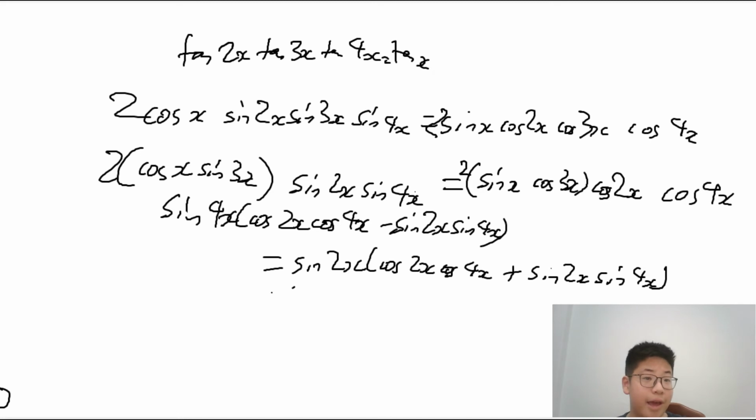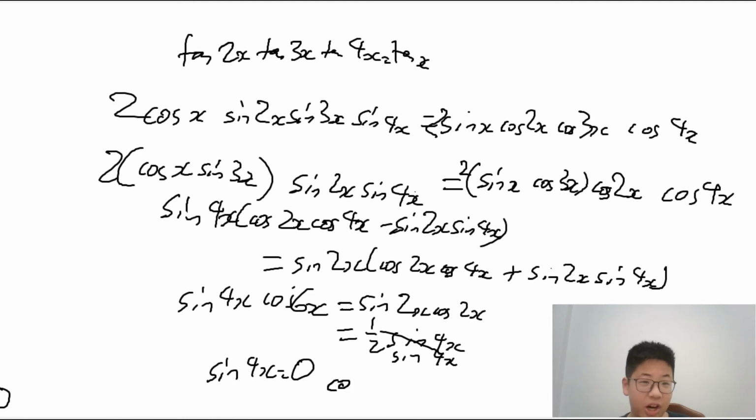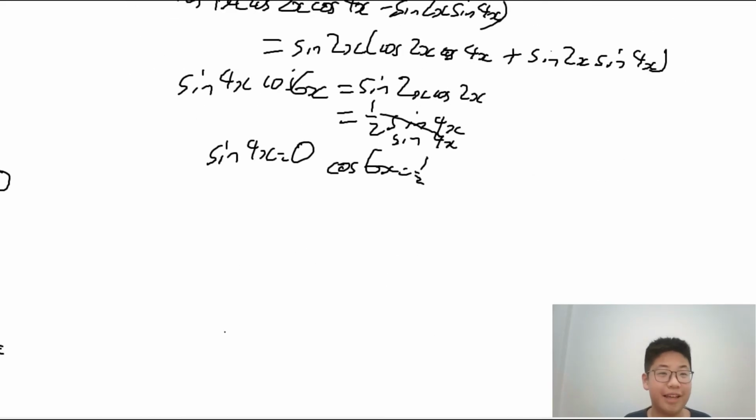And then we have sine 4x cos 6x equals sine 2x cos 2x. And then this side is basically half sine 4x. So we can just cancel. Wait, we just can't. Then we have to get rid of the possibility that sine 4x equals 0 and cos 6x equals half. This is why we should never ever cancel in trigonometry unless you're asked to. And let's settle down cos 6x equals half.